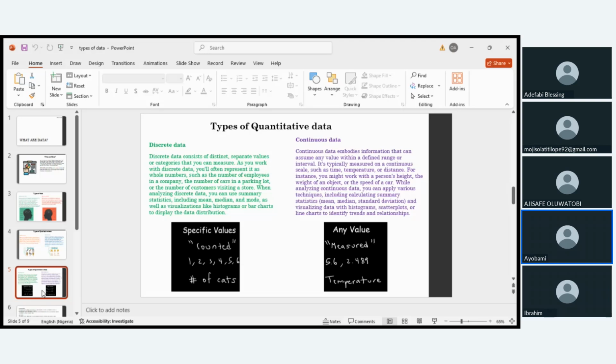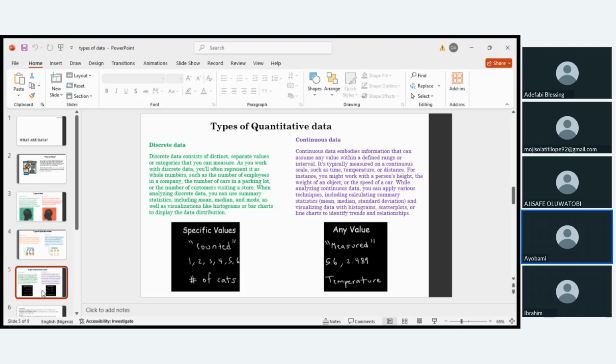And the concept is that continuous data is not counted. Rather, it is measured. For instance, taking a thermometer to get somebody's temperature, you will get 37 point something, because there's a possibility for you to get decimals in that range, and it is within a fixed range.